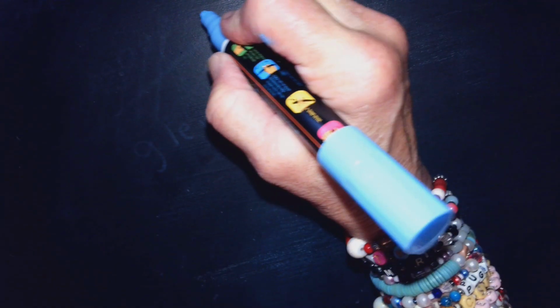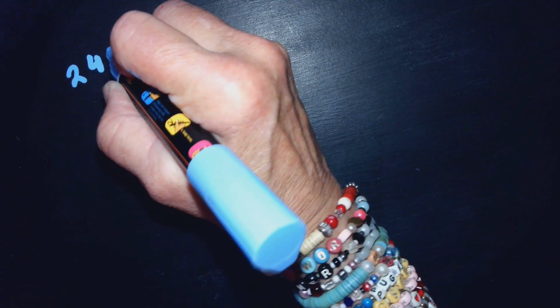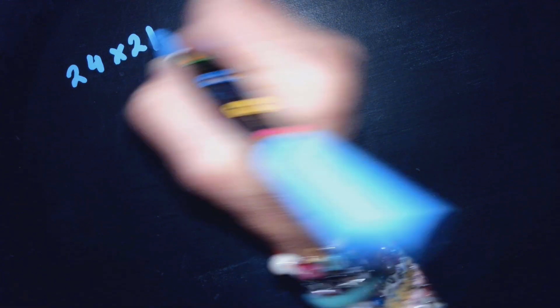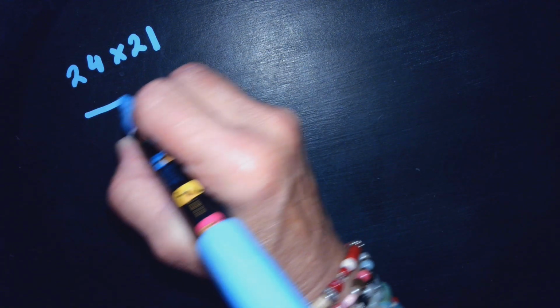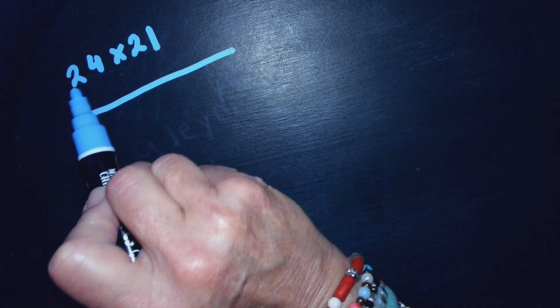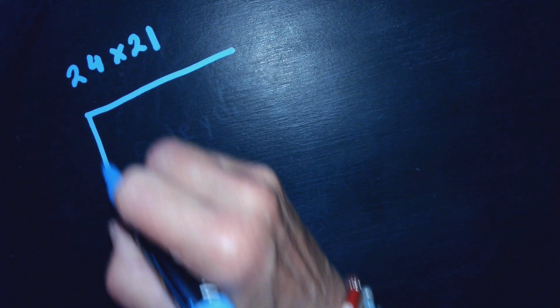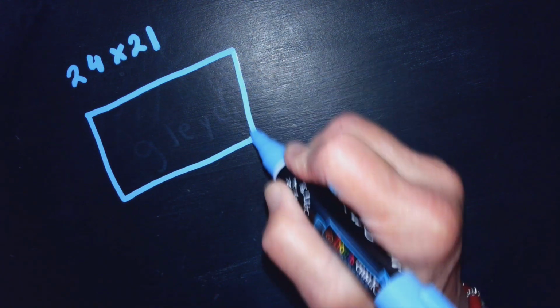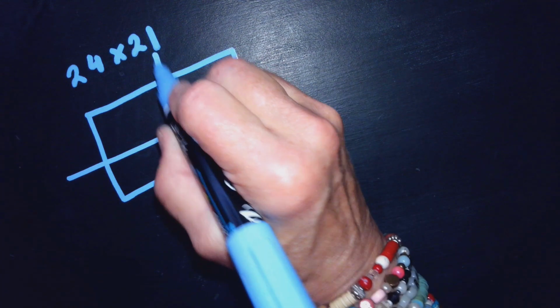This time I'm going to multiply the problem 24 times 21. We're going to make an area model. Since there's 2 digits here and 2 digits there, I'm going to make a 2 by 2 box.